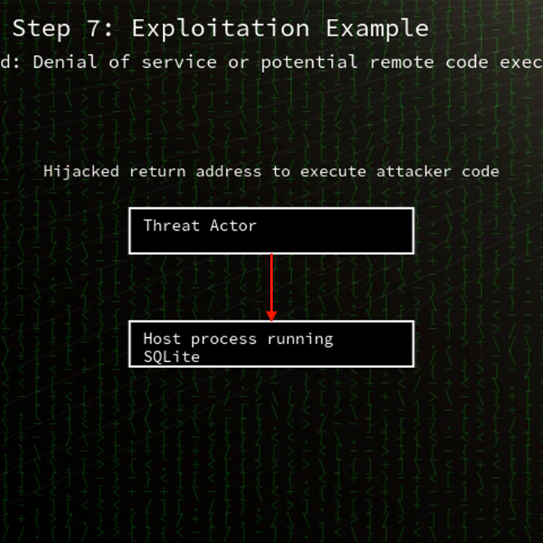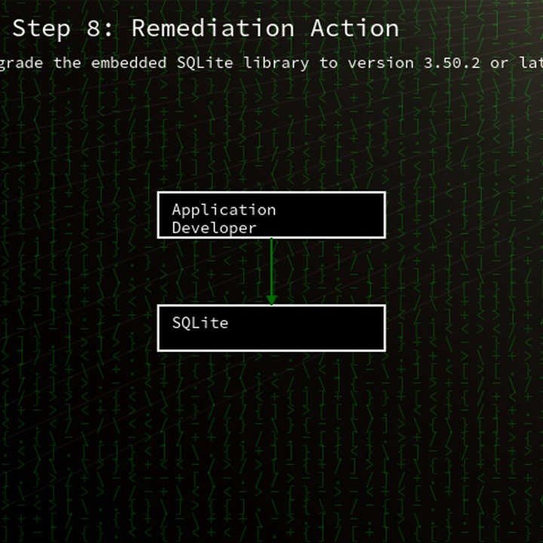By crafting a query with more aggregate terms than columns, an attacker can corrupt the heap or stack data structures. While exploitation requires the ability to execute or submit SQL, anything from a malformed application request to an embedded SQL call could trigger the error.